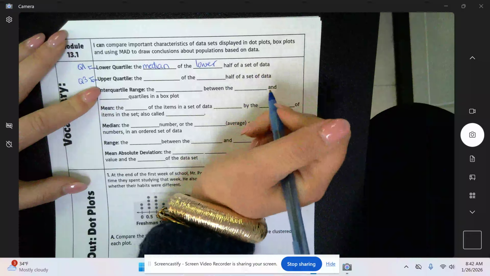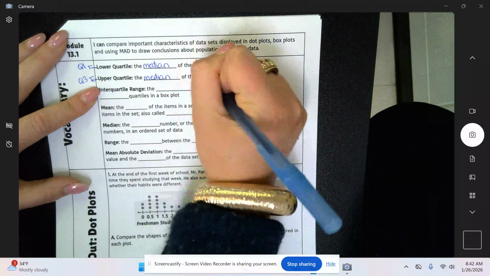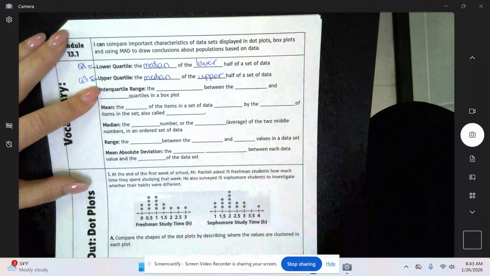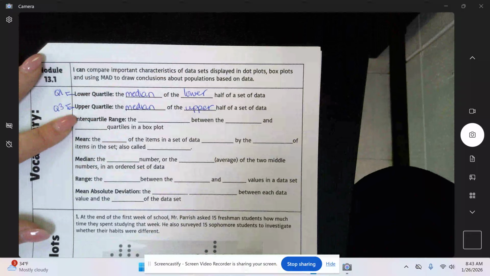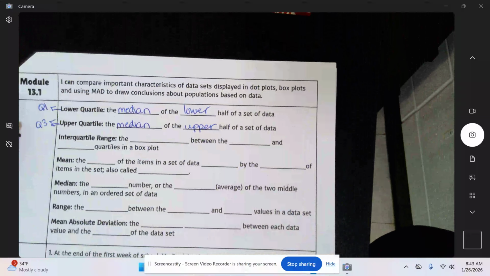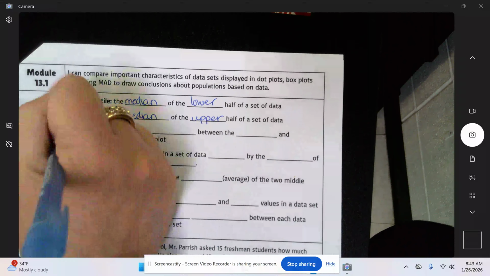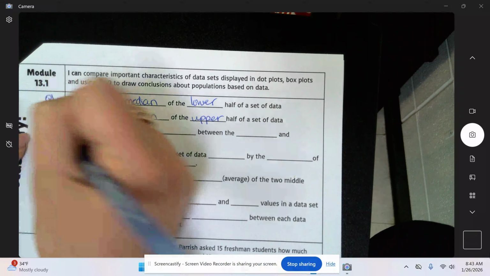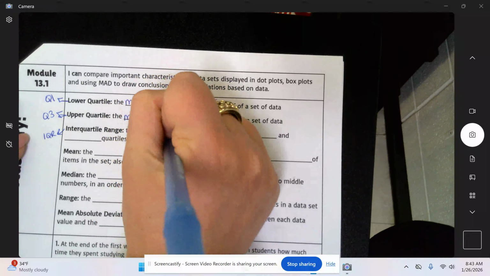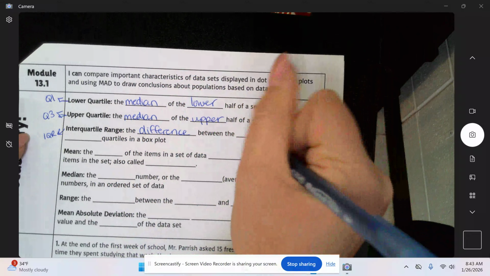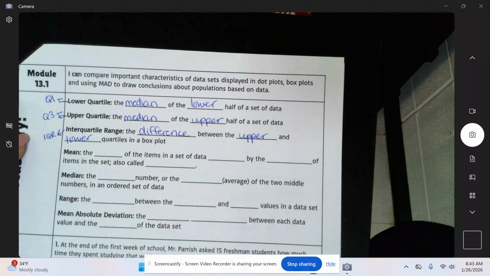It is the upper quartile, so it is the middle of the upper half. I told you, math folks like it straightforward. Alright, interquartile range, also known as IQR, is the difference, or the range, between the upper and lower quartiles on a box plot.